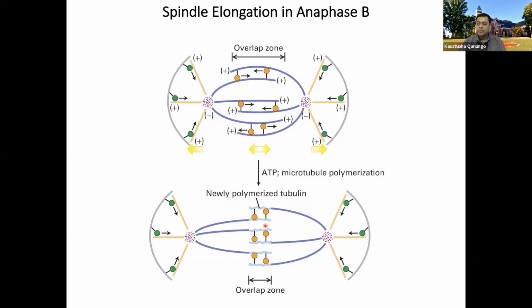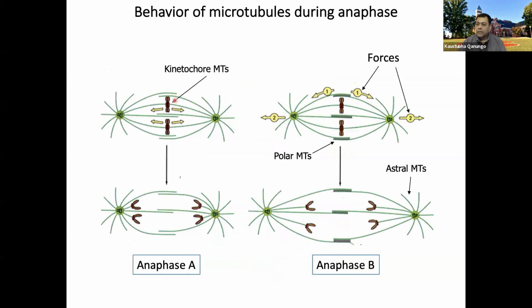Even if there is polymerization in this condition, these are not attached to the kinetochore microtubules because this is anaphase B. So when these chromosomes are pushed apart, you have kinetochore microtubules attached to the kinetochore, and here you have shrinking of the microtubules that is pulling the chromosome towards the pole.